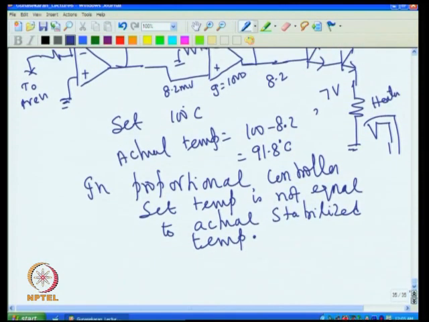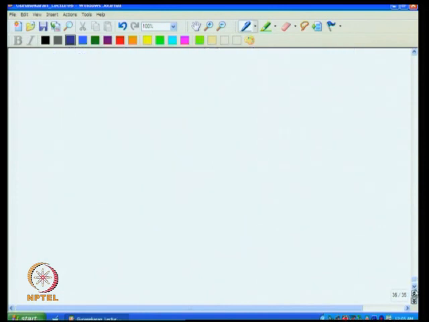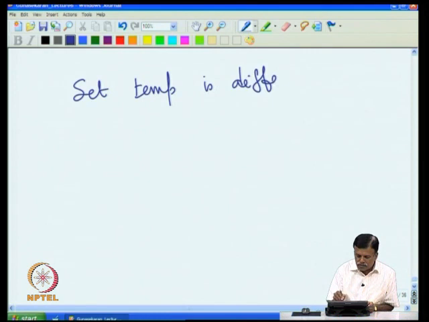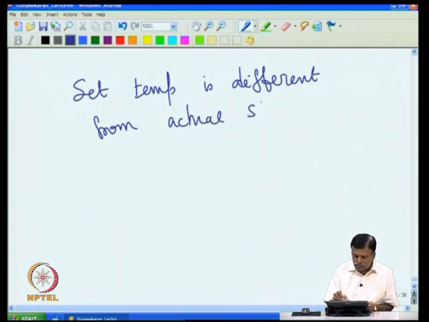So set temperature and the actual stabilized temperature are different. Set temperature is different from actual stabilized temperature.